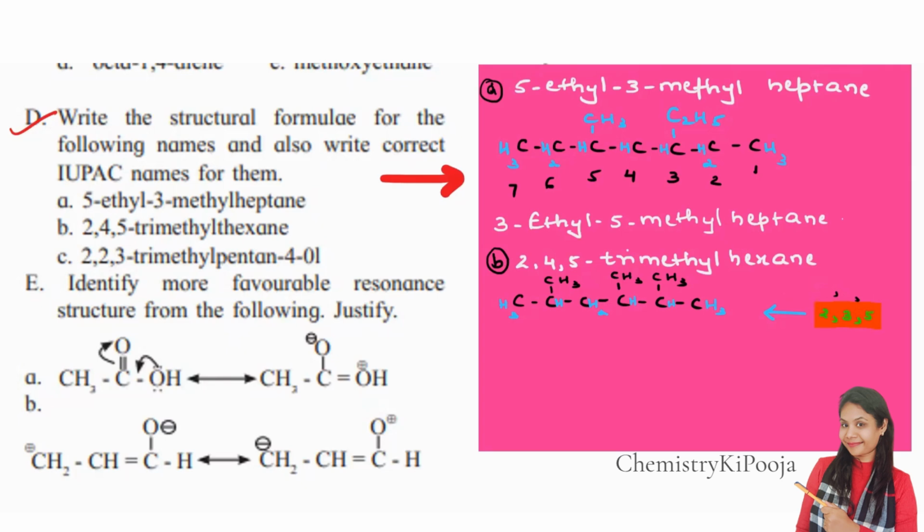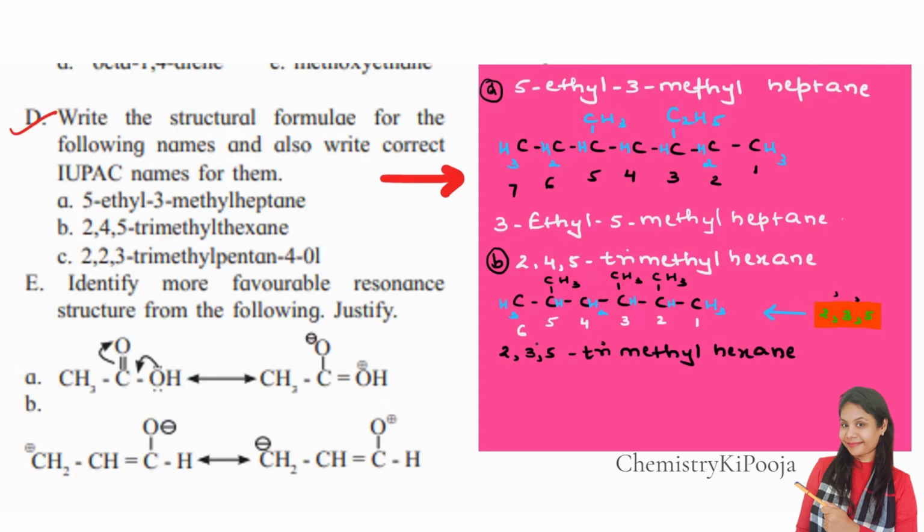So how am I going to number it? This is 1, 2, 3, 4, 5 and 6 carbon. Okay, so the correct name, I'll write down here: 2, 3, 5 trimethyl hexane.